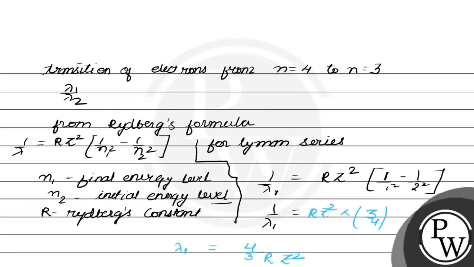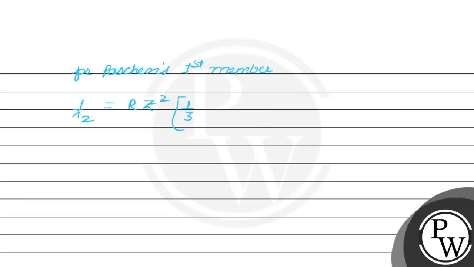Now for Paschen's first member, we can write 1 upon lambda 2 equals R Z square times, the first member of Paschen series was n equals 4 to n equals 3, so 1 upon 3 square minus 1 upon 4 square. 3 is the final energy level, 4 is the initial energy level.